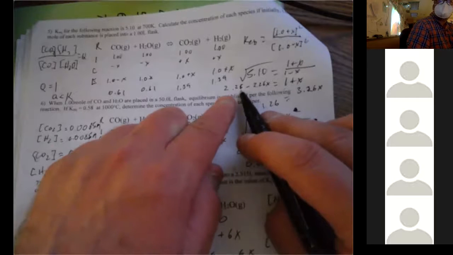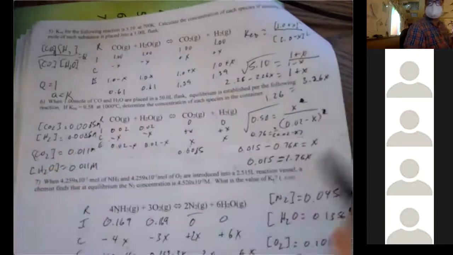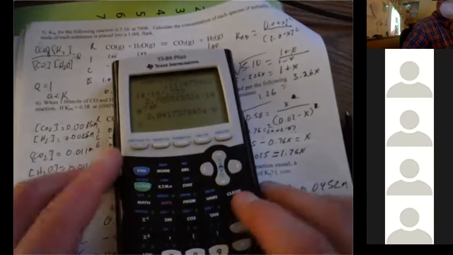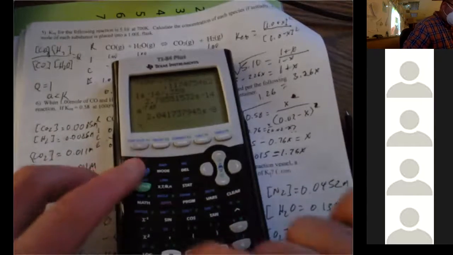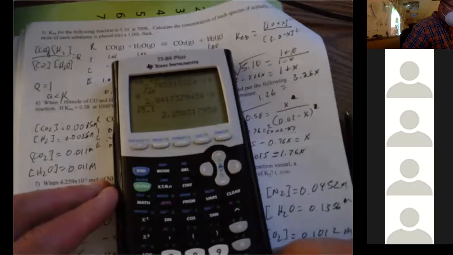That's the square root of 5.10. So we get 2.26 minus 2.26x. And then I just rearrange the formula to solve for x. Sorry, where'd you get that 2.26? That should be the square root of 5.10, right? Oh, okay. Sorry. Don't worry. There we go.